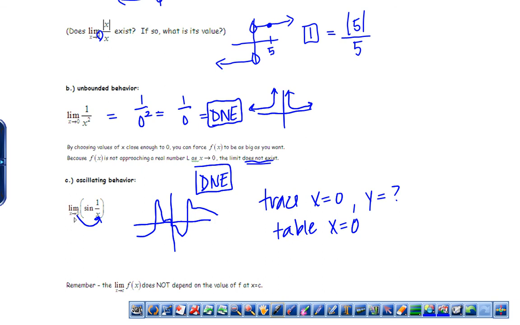That's what we're looking for. Just like the behavior up here, your sine of 1 over 0 would not exist. Remember, the limit as x approaches c of your function does not depend on the value of f at x equals c.